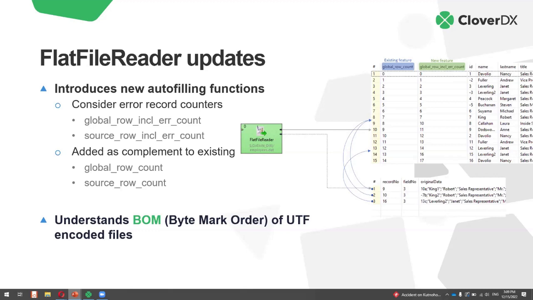Just maybe a reminder, source row count basically means which position in the file a given record has, and it differs from global row count when you are reading multiple files. So global row count continues, source row count resets with each new file.